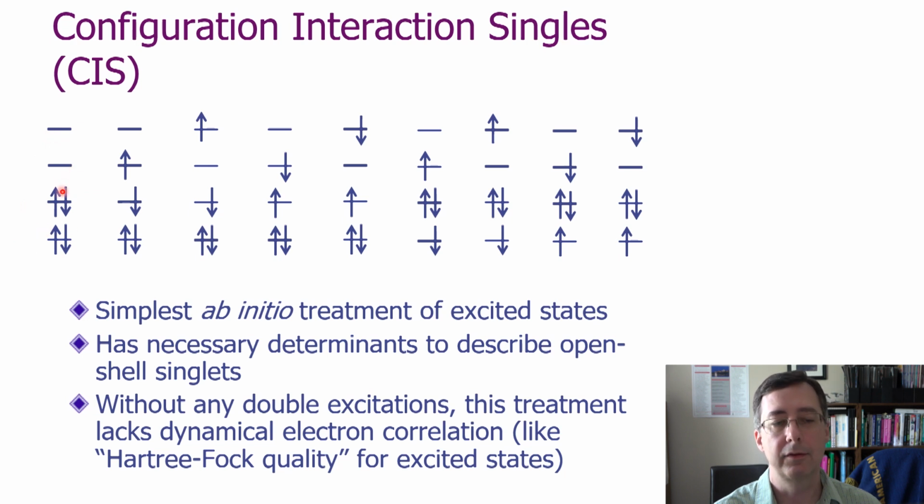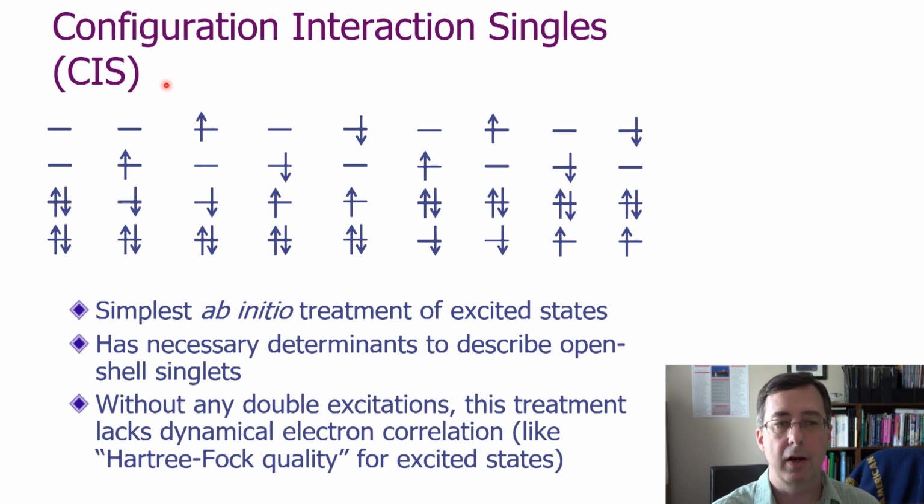So if I had, say, 4 electrons and 4 orbitals, I could move this alpha electron here, I could move this alpha electron there, I could move this beta electron up to here, that gives me this one, and so on and so forth. So I have several different ways that I can rearrange these 4 electrons among these 4 orbitals if I move a maximum of 1 electron. That's a single excitation. This is the simplest possible thing you could do.